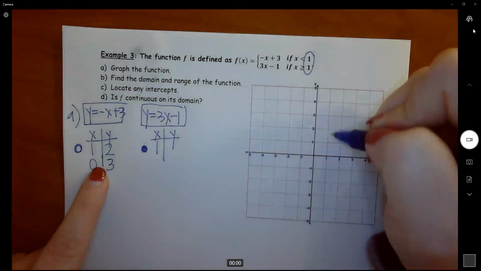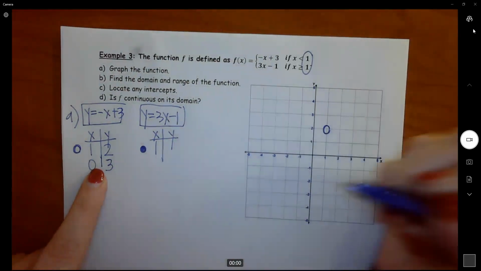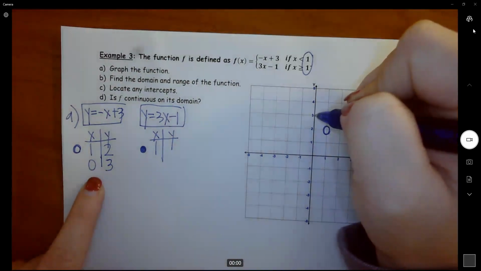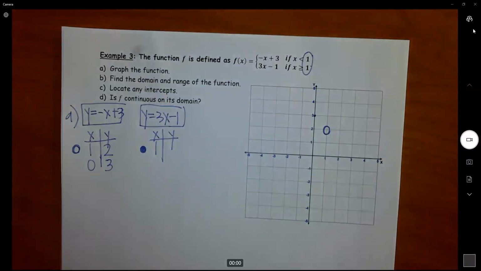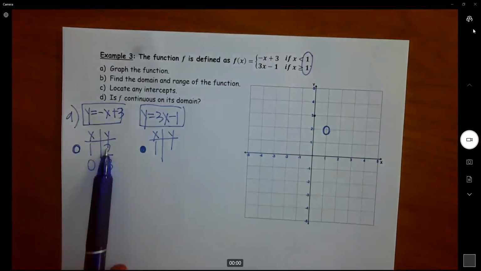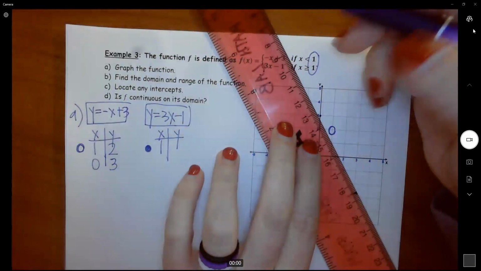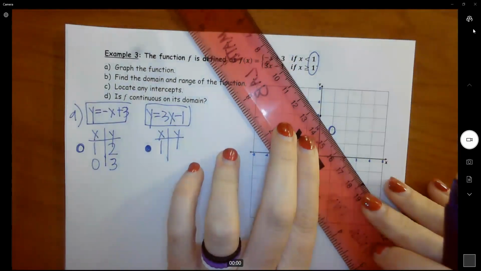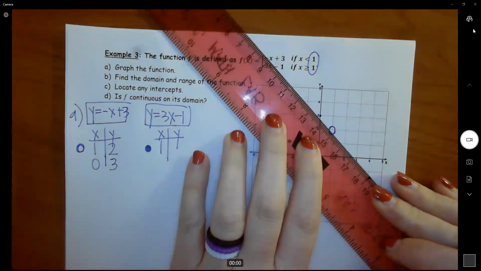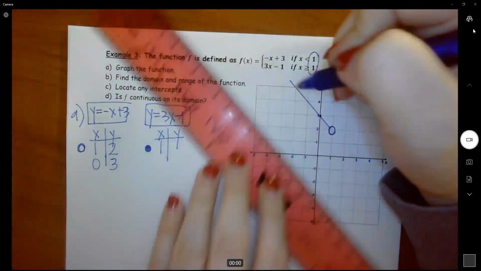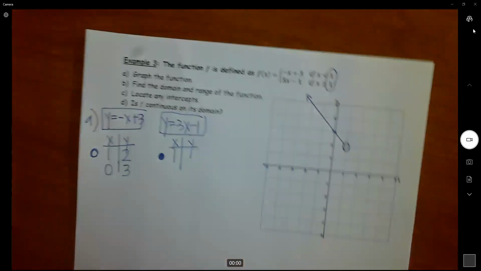At 1, 2, we have an open circle, and then it goes to 0, 3 right here. And you always go from the first point through the second point. So here's my graph of the first one.